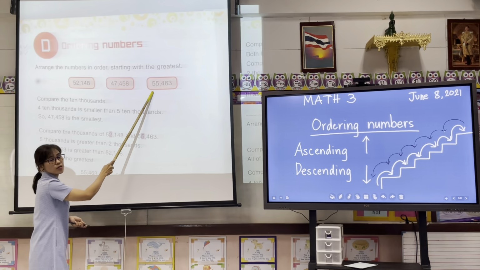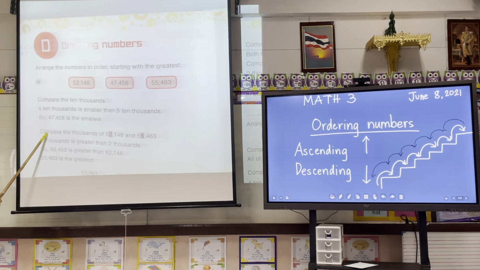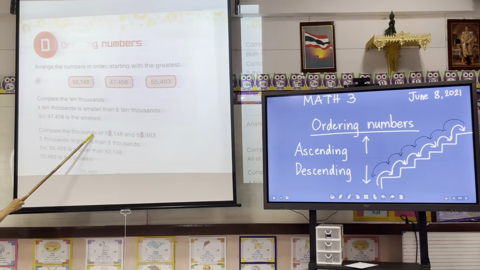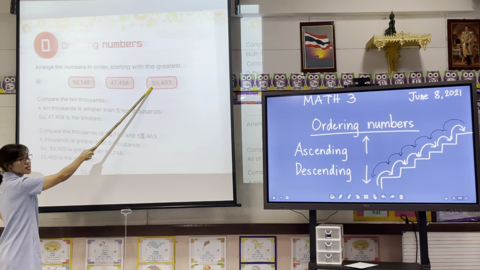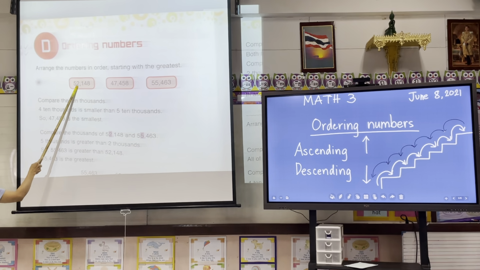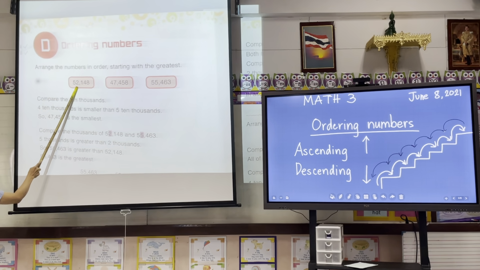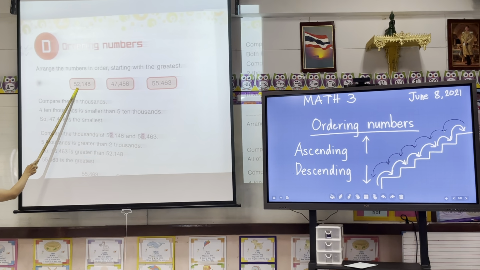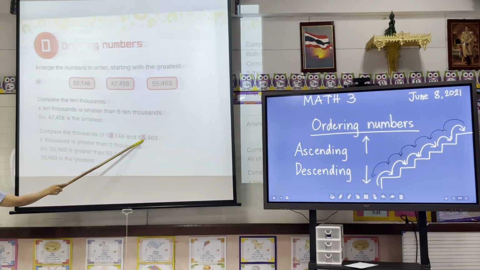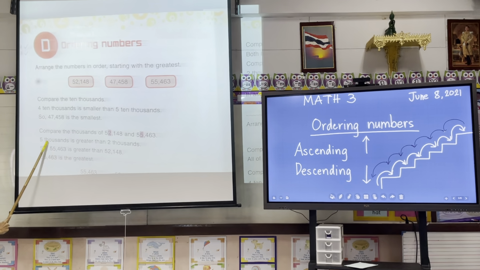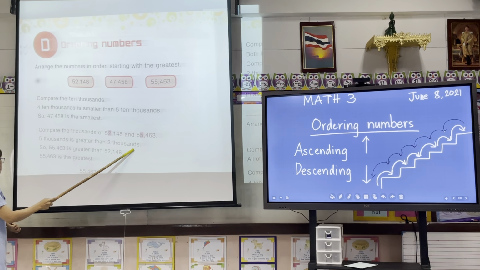52,148 and 55,463. Compare the thousands, because the 10,000s, 5 10,000s and 5 10,000s, are the same. Now go to the thousands. We have here 2,000s and 5,000s. 5,000s is greater than 2,000s.